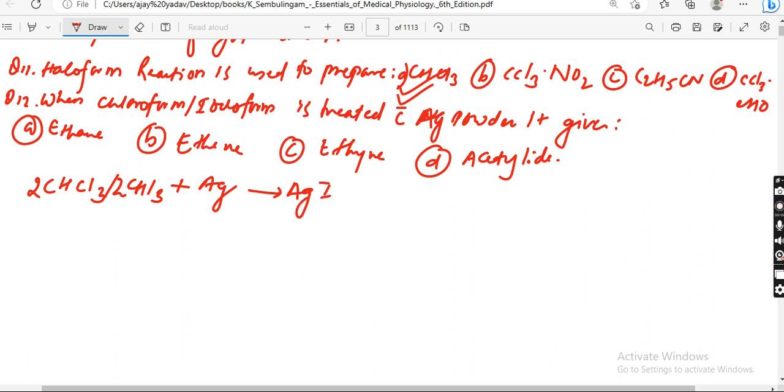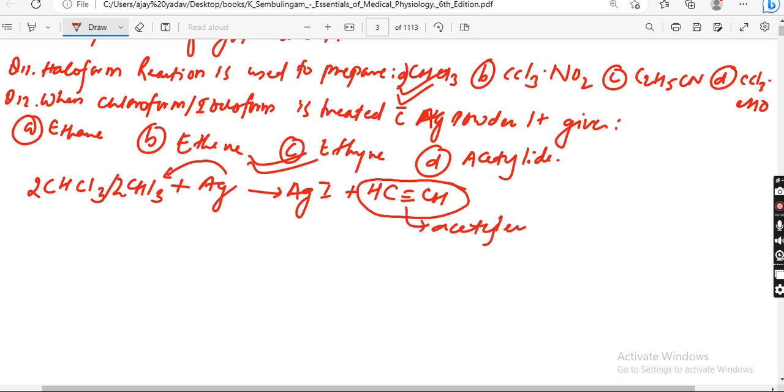AgI, right? Ag will react to give AgI plus HC triple bond CH. This is one of the methods of preparation of alkyne, right? We have read already in the alkyne chapter. So ethyne is the correct answer, right? This is also called acetylene, okay? Acetylene.